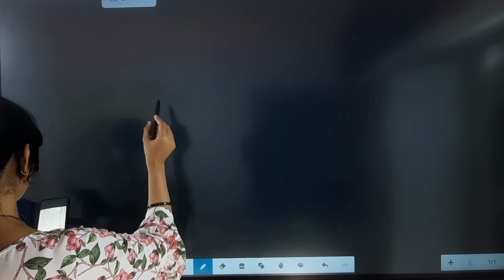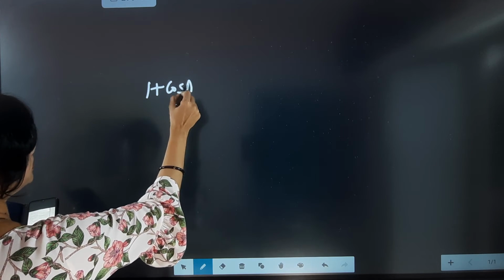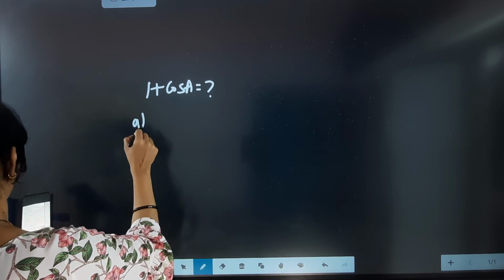Now next is 1 plus cos A. Now one formula is there. 1 plus cos A will be equal to what?